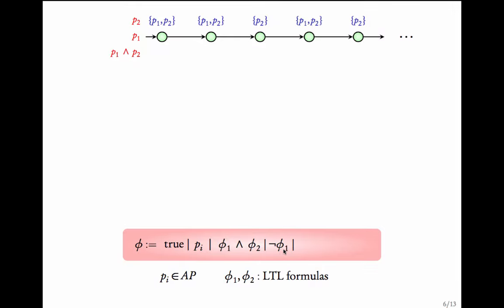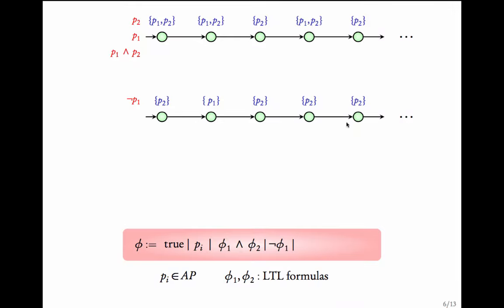This says that if phi1 is an LTL formula, you can add this notation in front of phi1 to form yet another LTL formula, and this notation stands for NOT. If phi1 is an LTL formula, then NOT of phi1 is also an LTL formula.